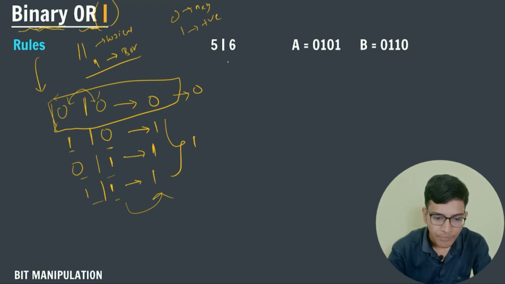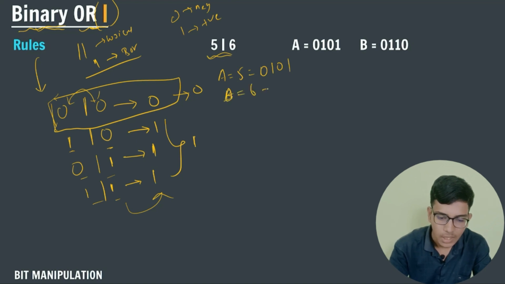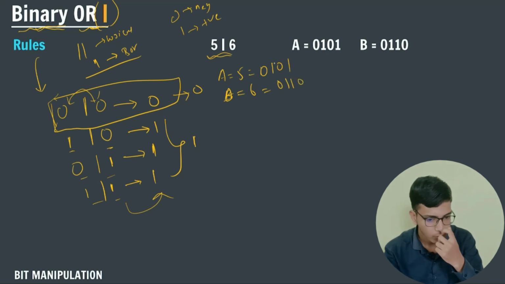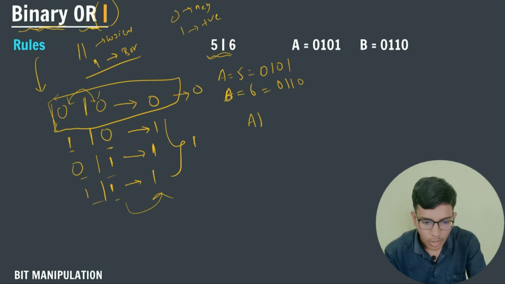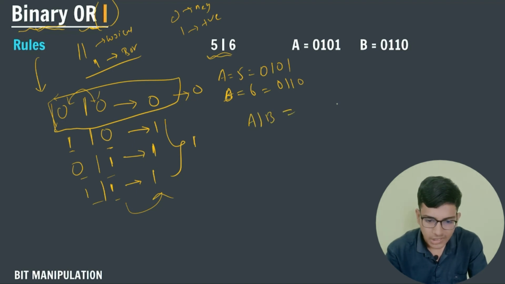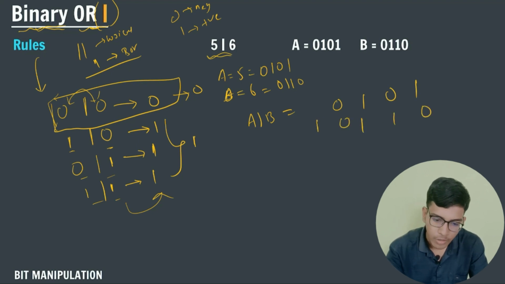Now let us perform the binary OR operation. a is equal to 5, that is 0 1 0 1, and b is equal to 6, that is 0 1 1 0. Now we are performing a OR b, so I write 0 1 0 1 and 0 1 1 0 and perform binary OR.